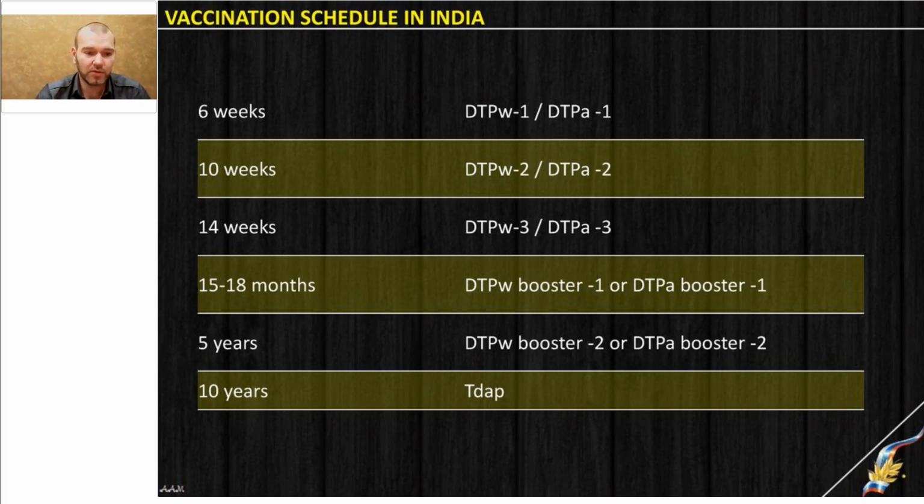The first booster dose is provided at 15 to 18 months. The second booster dose is provided at 5 to 6 years. And in adolescents, in India it is Tdap, but in Russia we use just DT vaccine as the main vaccination schedule. So it is the vaccination of kids and adolescents.